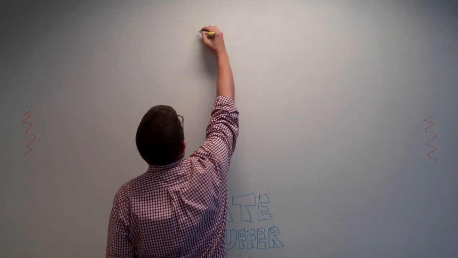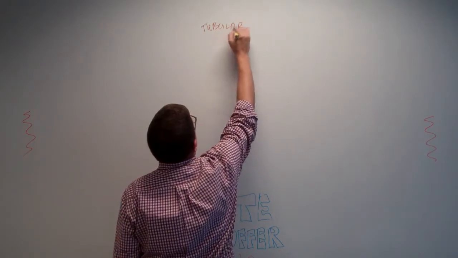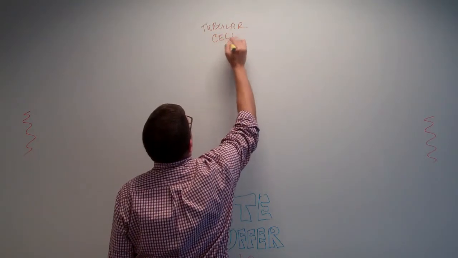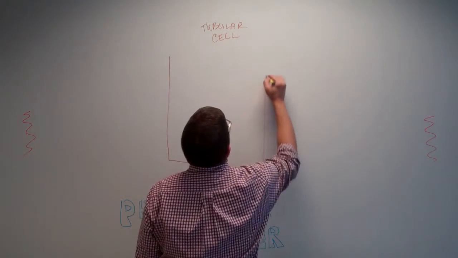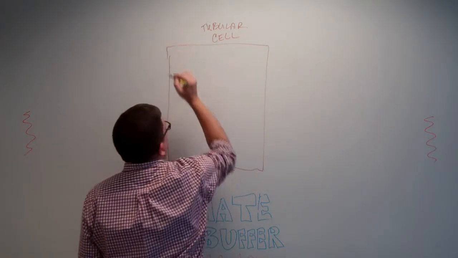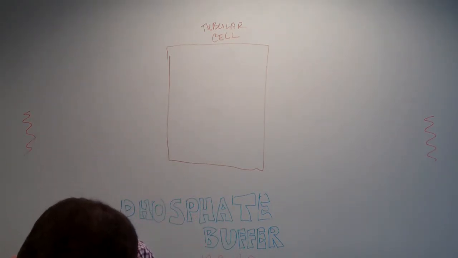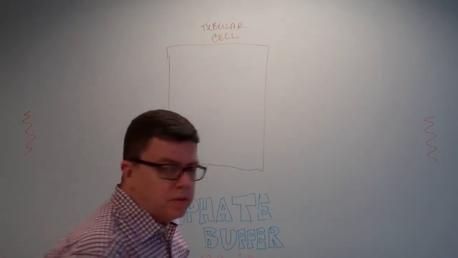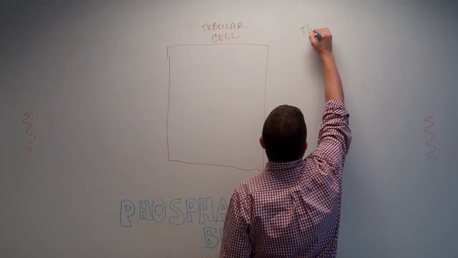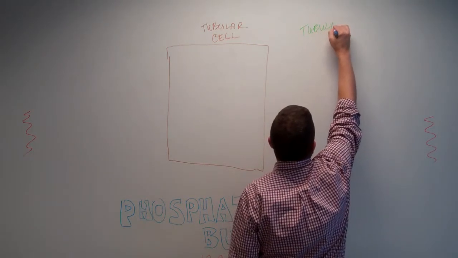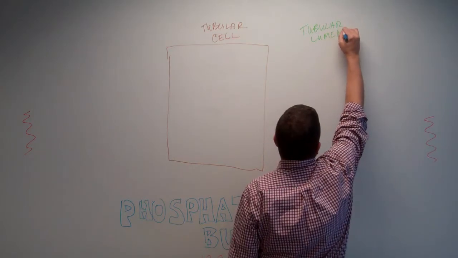So, tubular cell, and we'll make that essentially a big box. One big box, and then over to the right we will make, I'm putting it in green because it'll show up better on the wall, the tubular lumen.